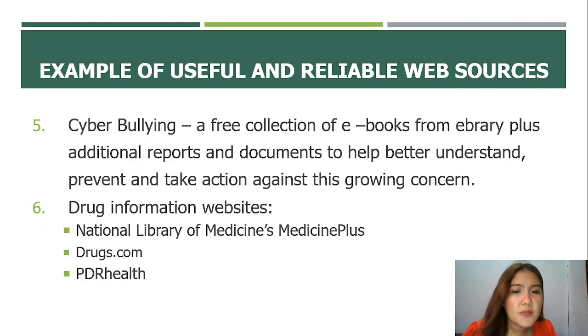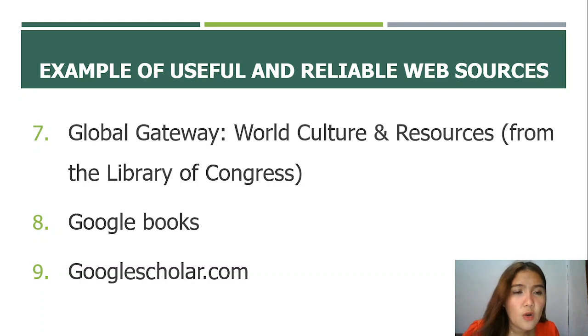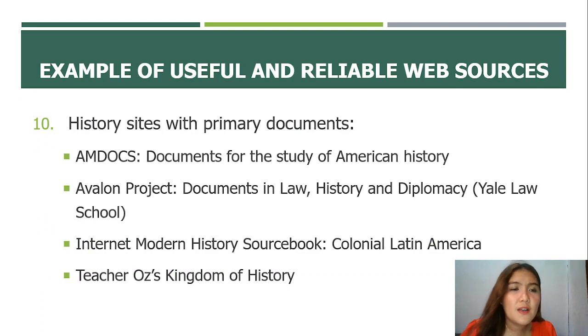Drug information websites, we have National Library of Medicine or Medicine Plus, drugs.com, PDR Health, the Global Gateway or World Culture and Resources from the Library of Congress, Google Books, we have googlescholar.com. Kilala nyo to si Google Scholar. No? History sites with primary documents. So, yan. Amdocs documents. Avalon Project, Internet Modern History Resource.